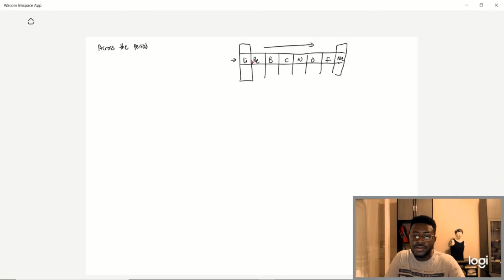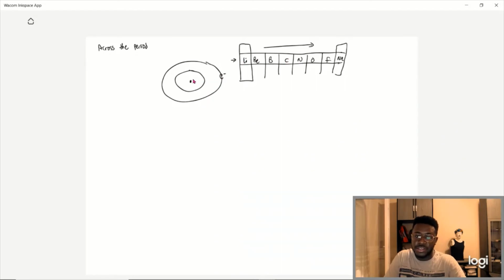So we have increasing nuclear charge, right? The number of protons is increasing. The attraction between the protons and the electron is increasing as you go across the period. So the energy that is needed to break this attraction is going to be increasing.